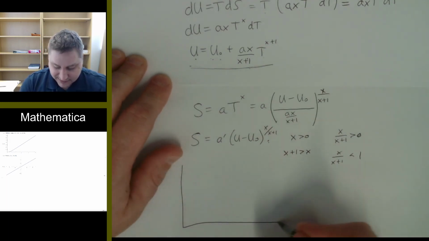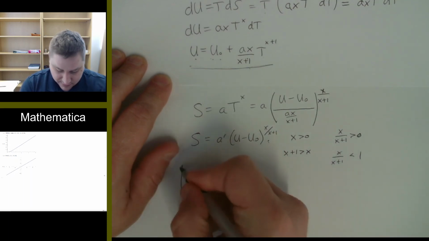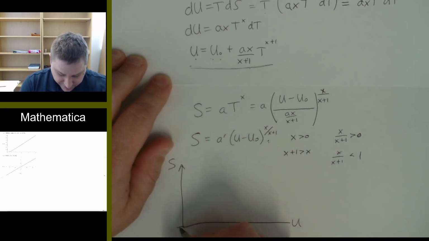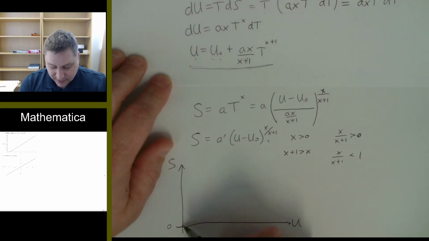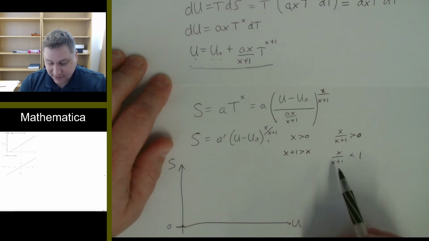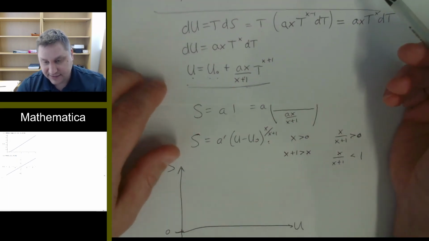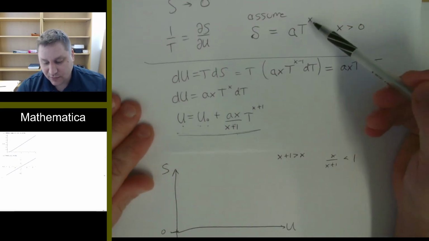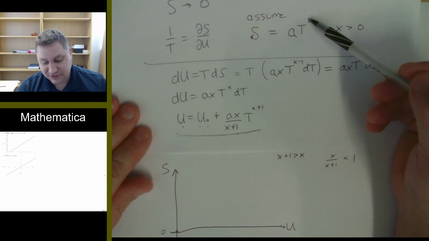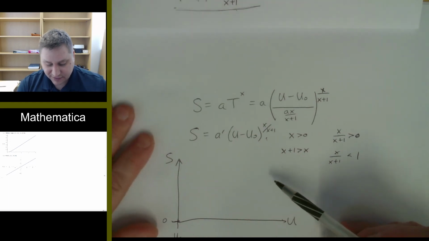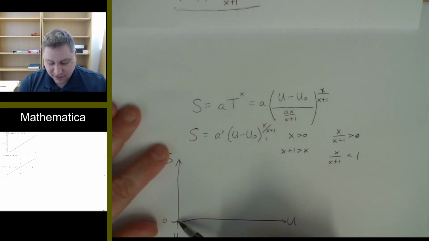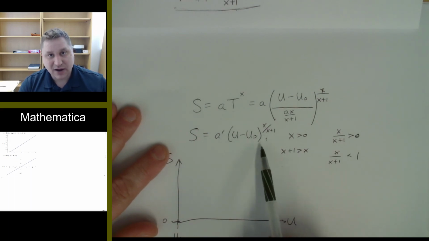So this plot of entropy, which bottoms out at 0, versus energy, which bottoms out at U0, no matter what the power x is in our assumption up here, always goes as U to some fractional power.